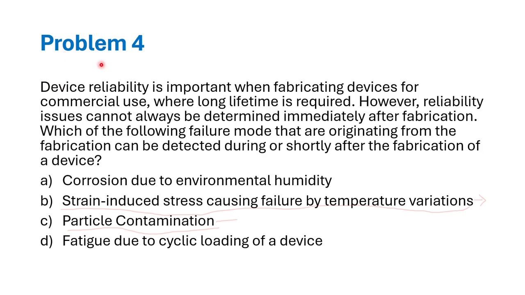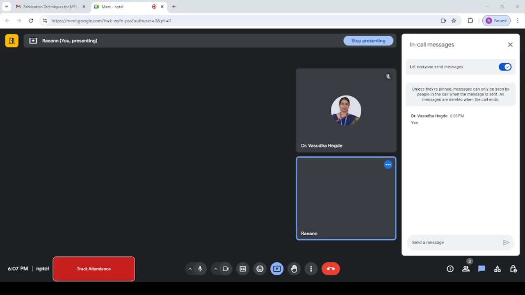But again, with larger wafers, we need to have higher thickness, because if we have a very thin wafer with a very large diameter, it may break easily, right? And also the size of the wafer should be compatible with whatever equipment we are using to process those wafers. Let's say our equipment can handle only a maximum 6-inch wafer.